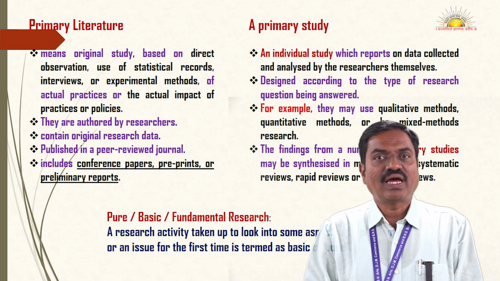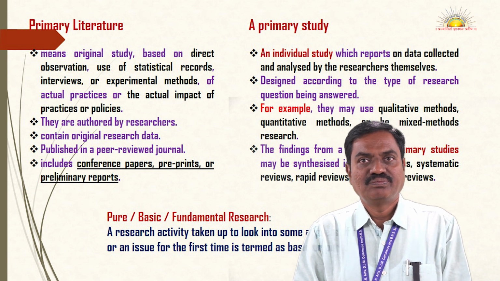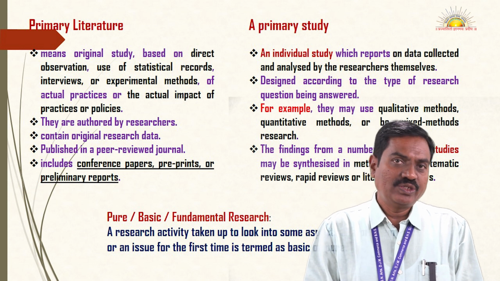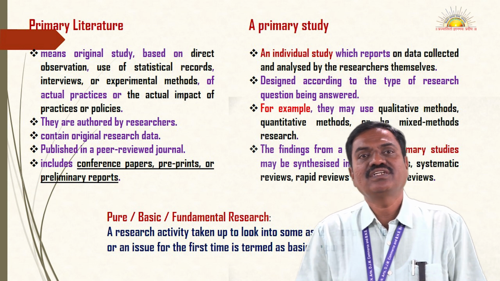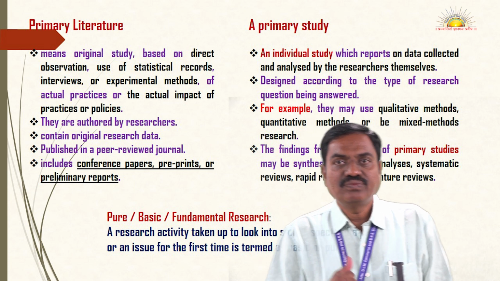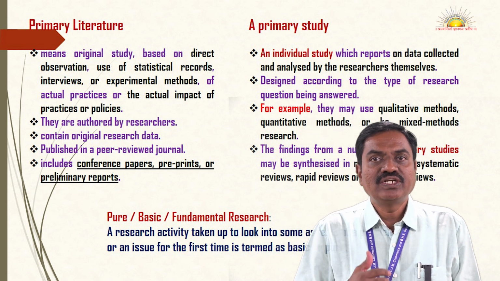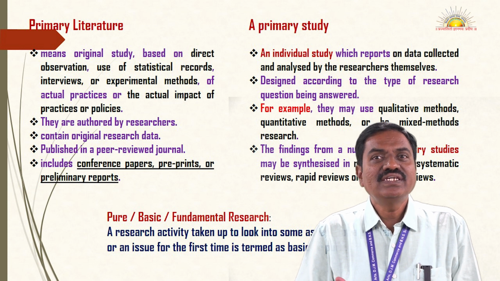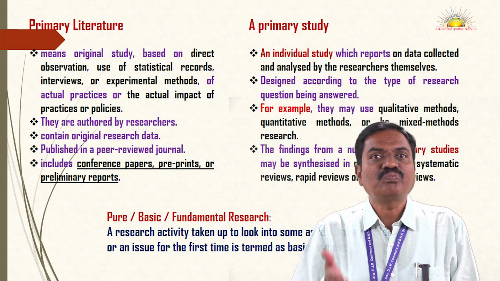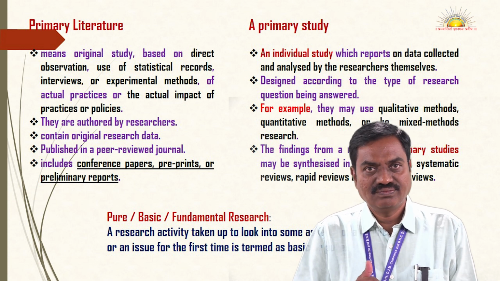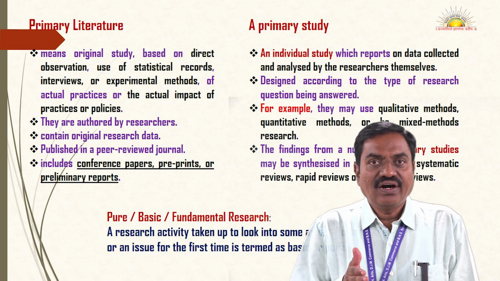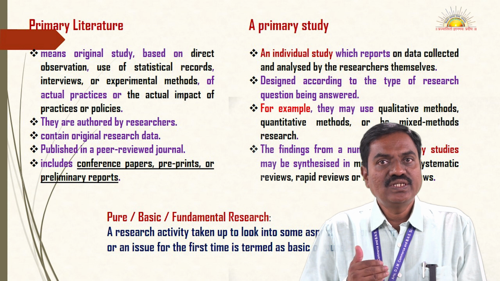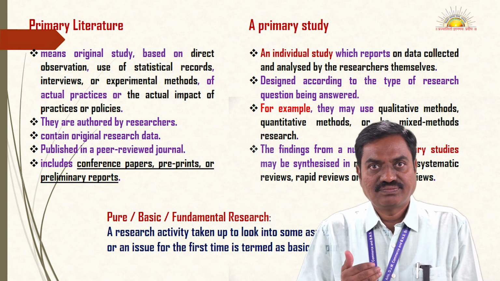The next term is primary literature. It refers to primary sources, meaning original study based on direct observation, use of statistical records, interviews, or experimental methods of actual practices or the actual impact of practices or policies. They are authored by researchers and they contain original research data.